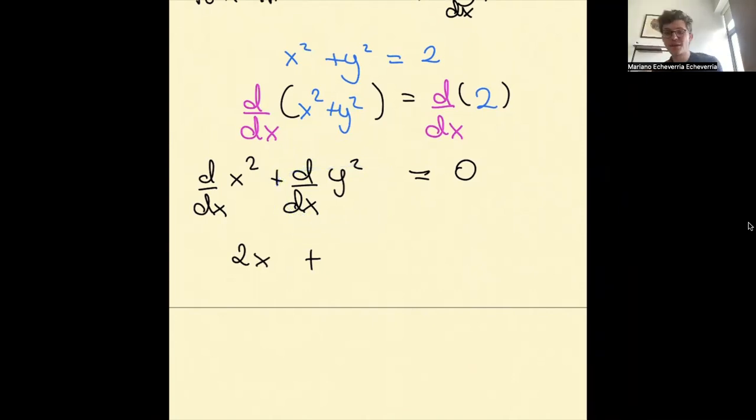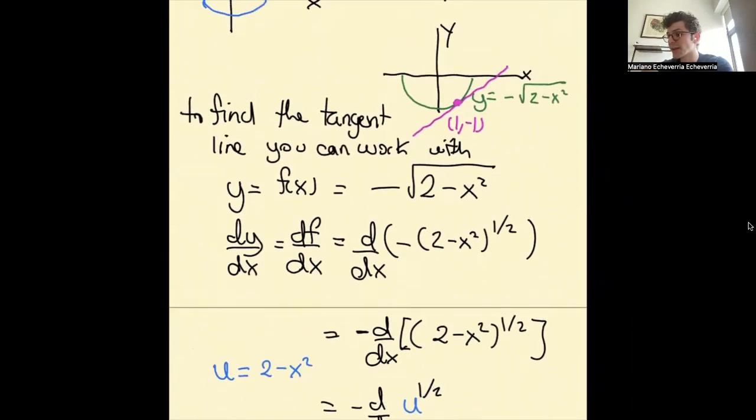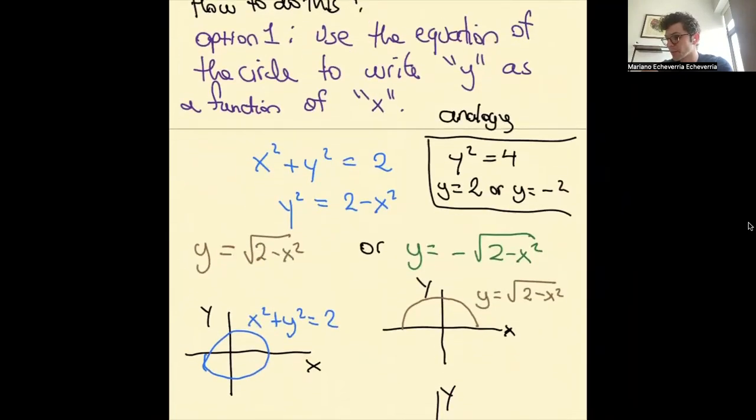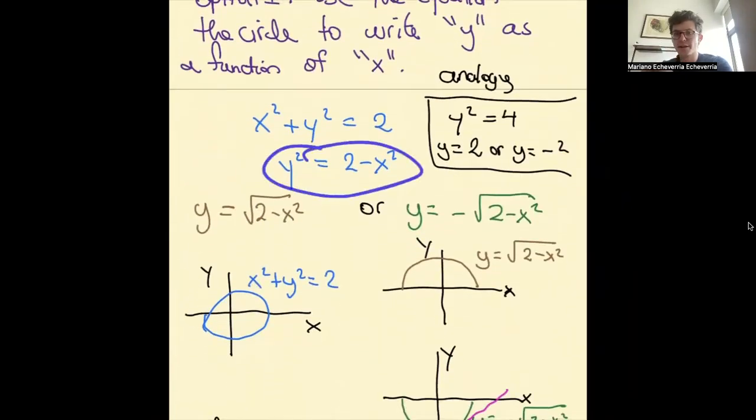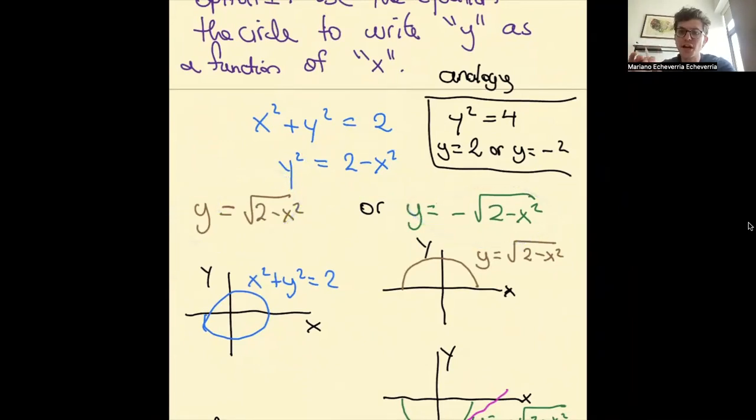Okay, let's see. I got an answer in the private chat, which was 0. It cannot be 0. This is where it can be confusing. It cannot be 0 because remember, secretly, y depends on x. Right, secretly y depends on x. We're being lazy and choosing not to write that explicitly.